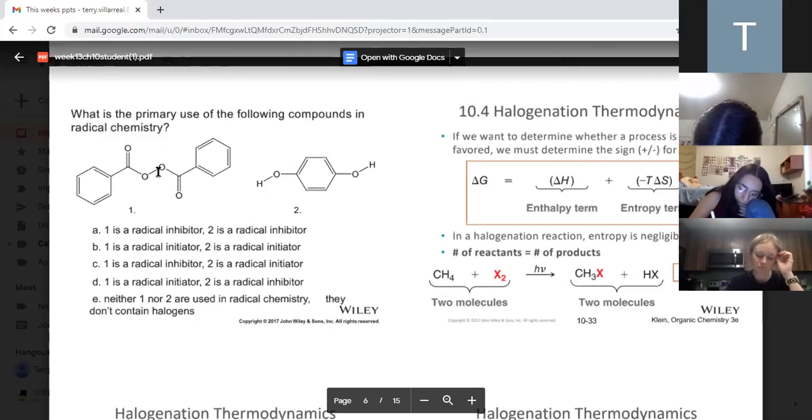The second one's an inhibitor, right? That was our quinone, the hydroxyquinone. So if you see a benzene ring with 2 OHs coming off of it, so the correct answer is D.